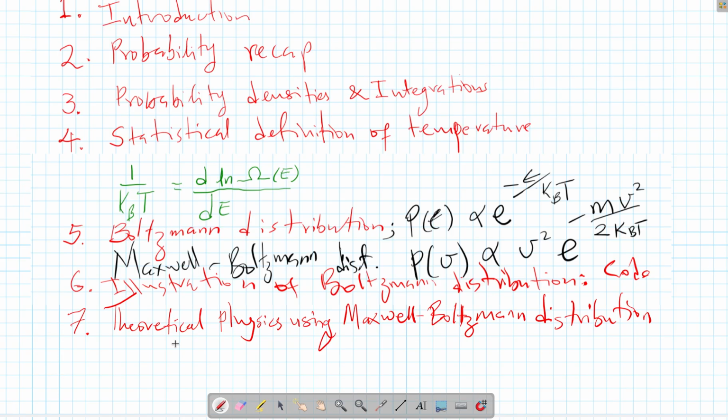The first example is going to be about something happening in the sun. And then we're going to address some other physical properties of gases which can be derived by using the Maxwell-Boltzmann distribution.